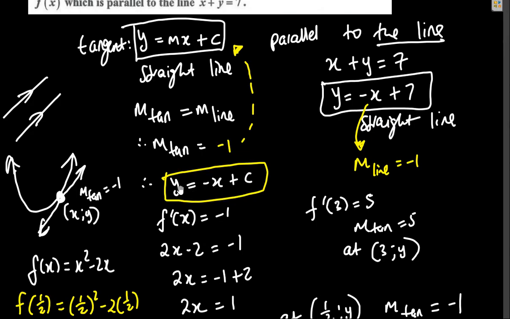We just need to find c, and to get c we need to substitute x and y. How do we substitute x and y when we don't even know the point through which the tangent is passing? We solve. We know that the gradient of the tangent is -1, so the derivative of f is -1.